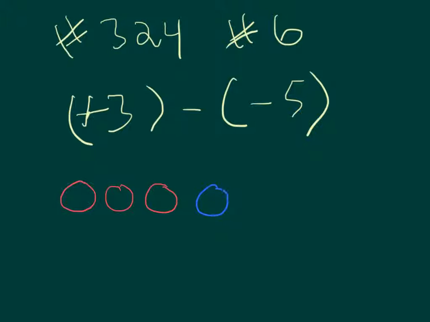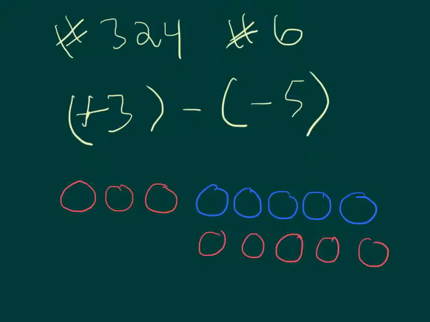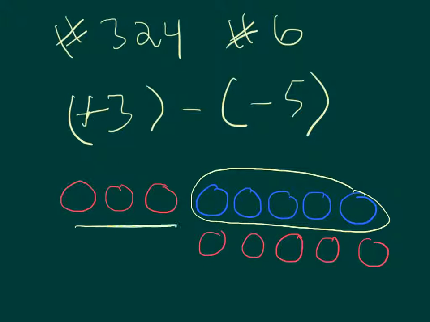So 1, 2, 3, 4, 5. But I also have to put them in as 0 pairs so that I haven't really changed anything. So now that I have those, I can now remove the negative 5 that I put in there. And my answer is what's here. So I got 1, 2, 3, 4, 5, 6, 7, 8. The answer is positive 8.